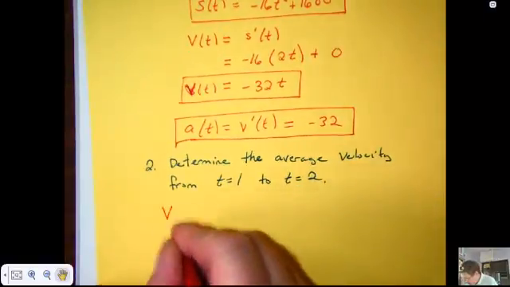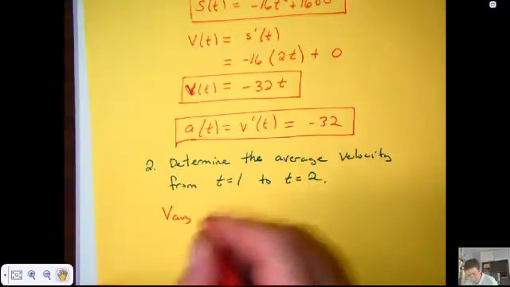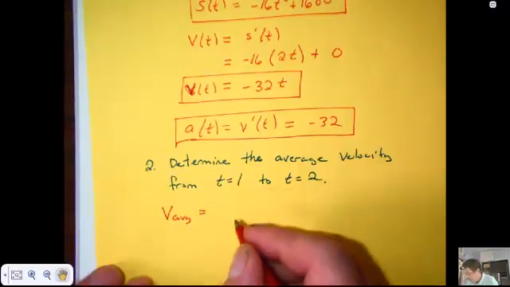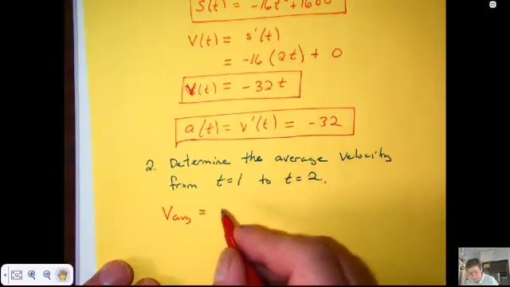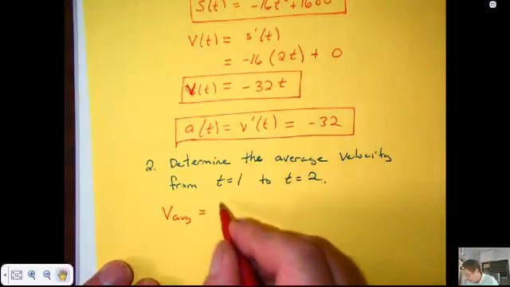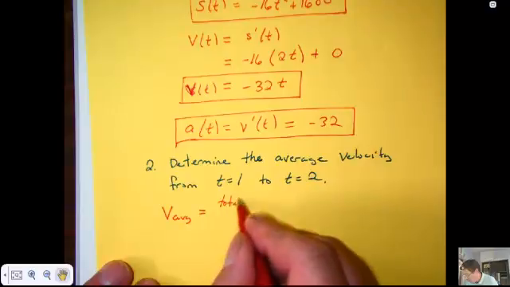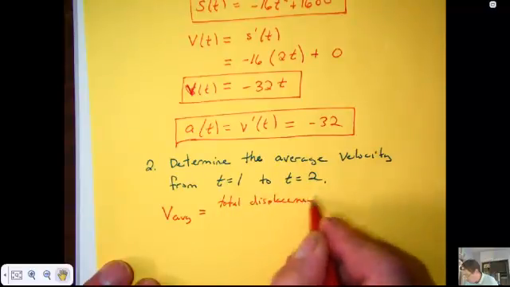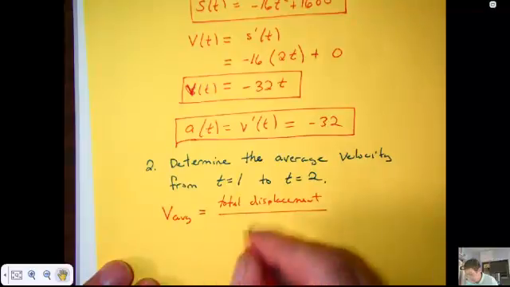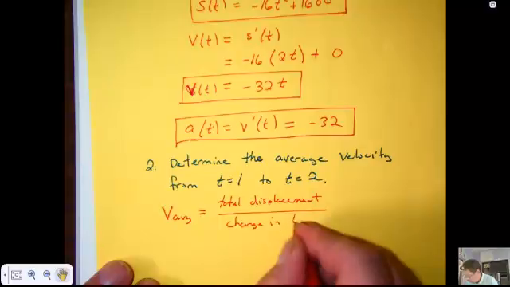So velocity average would be, I guess we could say, displacement over time, or total displacement over change in time.